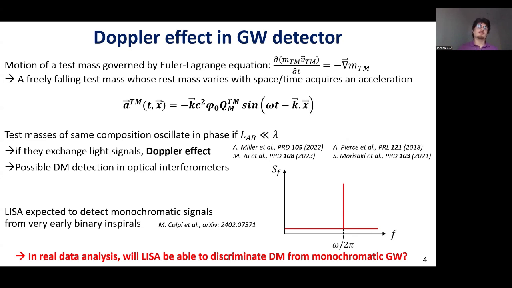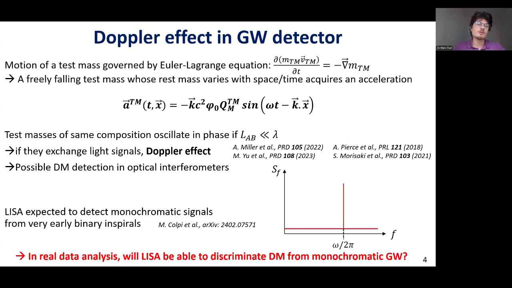And so in this case, the signal will be very similar in Fourier space because we'll just have a peak at the frequency of the wave. And so a natural question that arises is if in real data analysis, LISA will be able to discriminate the two signals since in Fourier space they look the same.